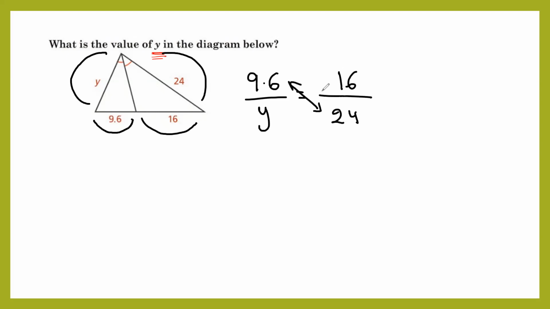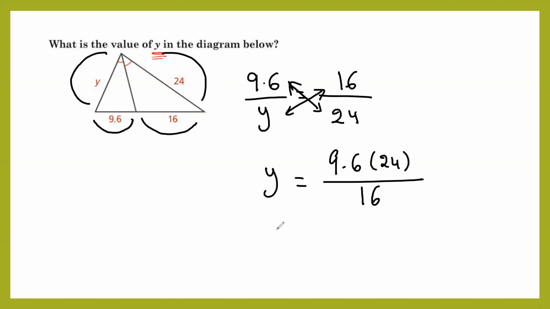Here you can use cross product. Then y equals 9.6 times 24 divided by 16. You can use a calculator, never mind. 9.6 times 24 divided by 16.